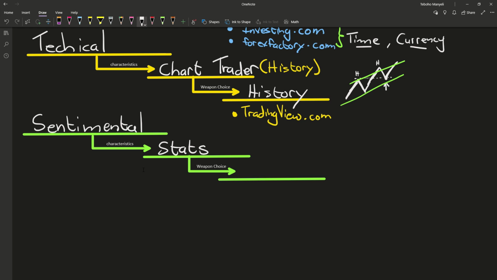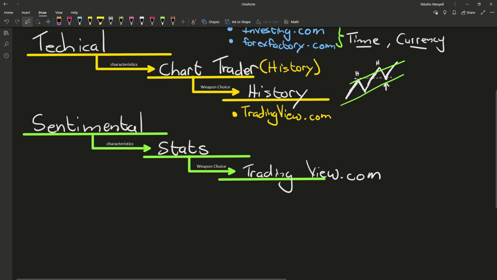So obviously, again, I think the greatest weapon is also TradingView.com. TradingView.com allows you to actually run stats, run searches through the system, and gives you an idea of where most people are buying from.